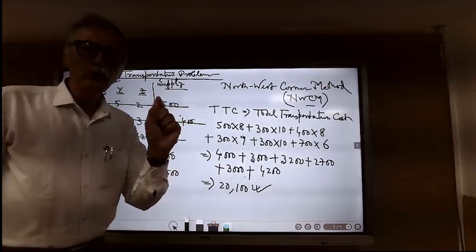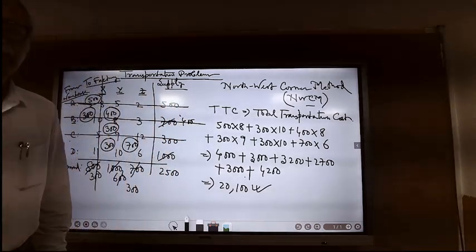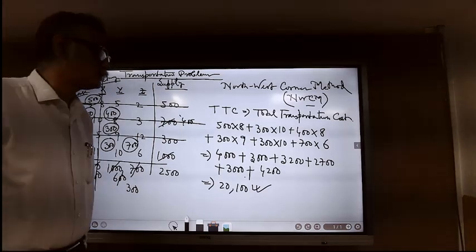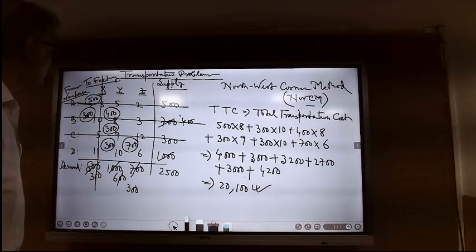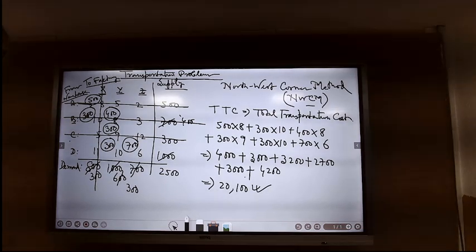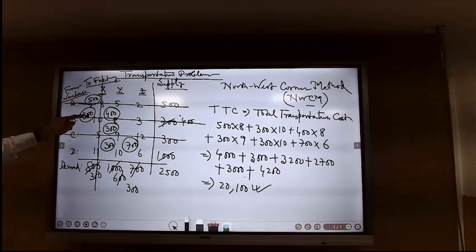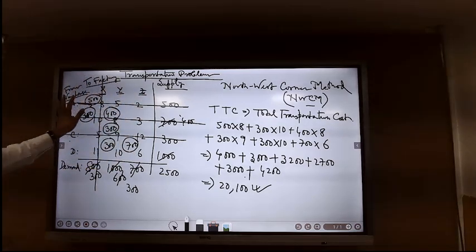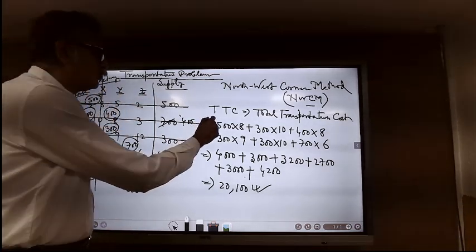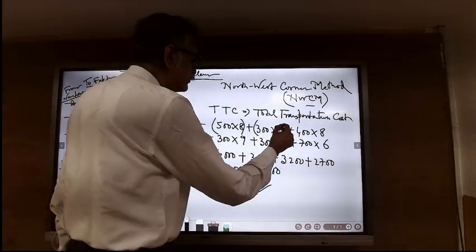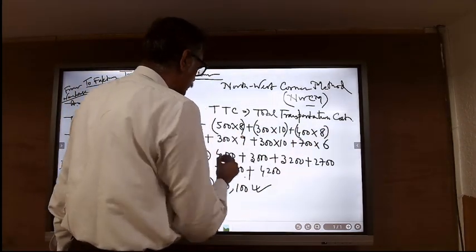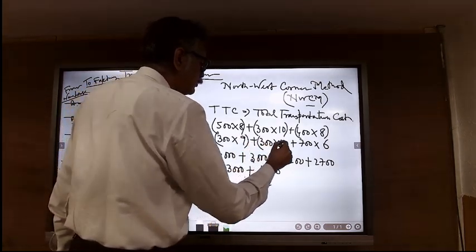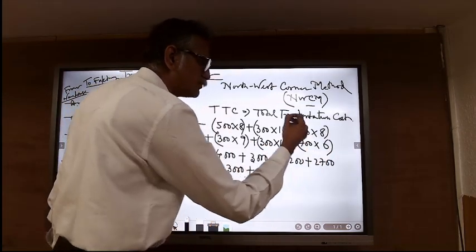We have to count the number of cell allocations. Here 1, 2, 3, 4, 5, 6. 6 allocations are there.